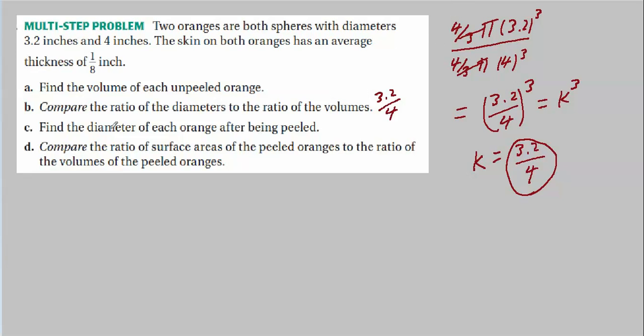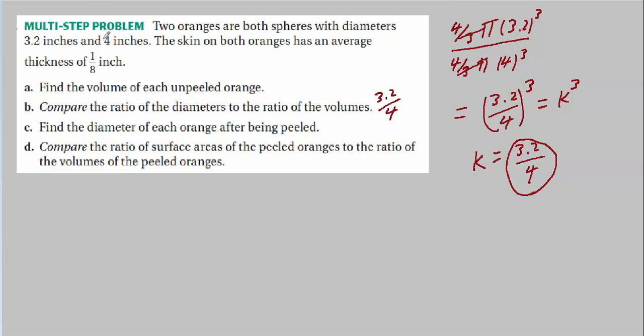Next thing they ask us to do is find the diameter of each orange after it's been peeled. The thickness of the peel is 1/8 inch, so we just have to subtract 1/8 from 3.2 and 1/8 from 4. And 1/8 is the same as 0.125.